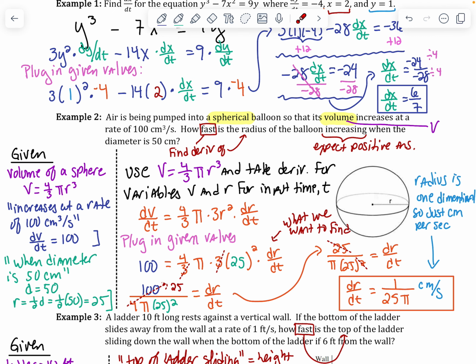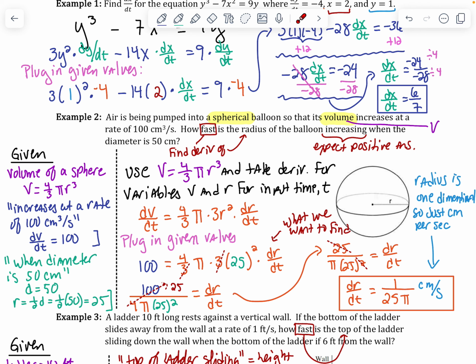If I divide both sides by 2, I've got the r alone, so the radius is half of a diameter. If the diameter is 50, then the radius is half of that at 25. So I've taken all the information I can from the question, and now I'm ready to go ahead and work.